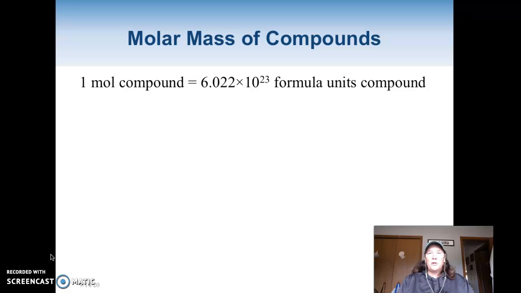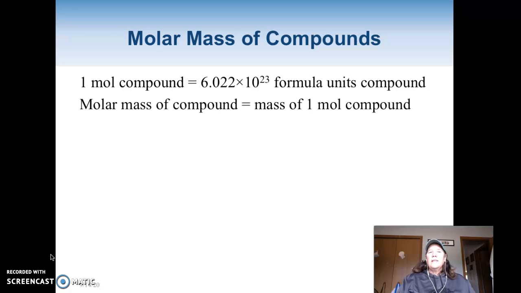It's not really difficult. But what you have to do is find the mass of the compound. So I'm going to show you how to find the molecular mass if it's a molecular compound, 2 nonmetals, or the formula mass if it's an ionic compound. So the molar mass of a compound is 1 mole.